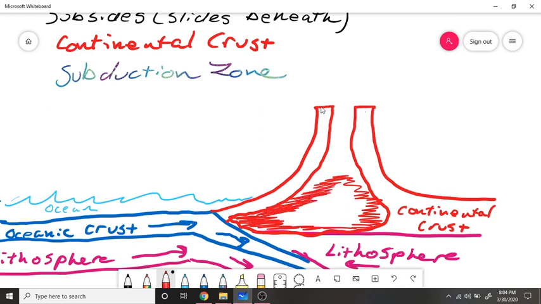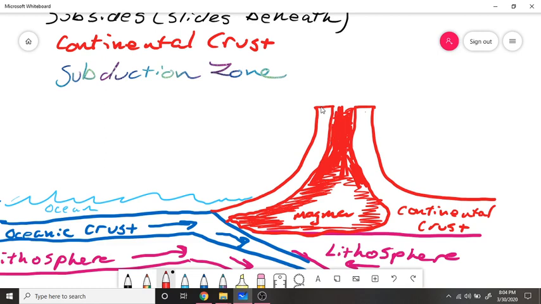And they are put under a lot of pressure. And they become magma. And if you remember from the other day when I drew my volcano, magma is molten rock underneath the earth.